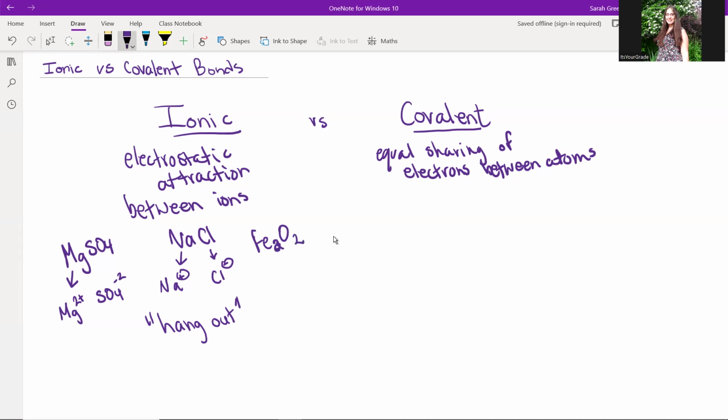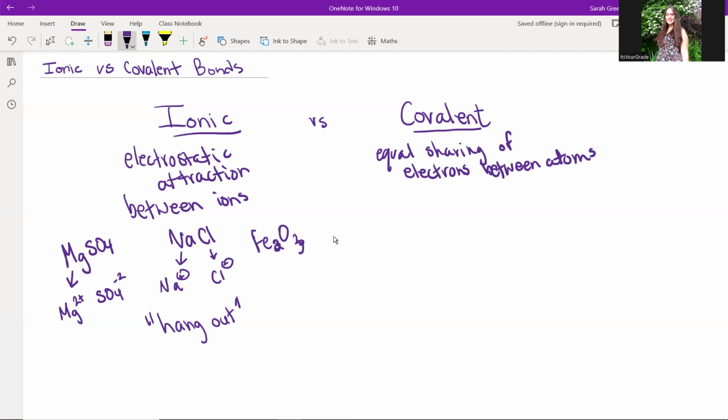Sorry, Fe2O3 is the correct formula. So this would be iron 3 oxide. And once again, we're going to learn how to name ionic compounds, how to put together these ionic formulas in later videos, but just as an example, those are ionic compounds. And they all form ionic bonds, which is an electrostatic attraction between ions.